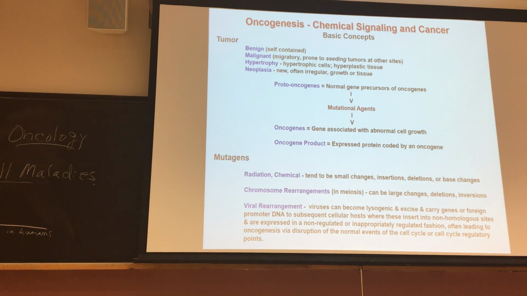And the best example of this would be something like the herpes virus. Herpes viruses are found in well over 20% of the population. In most of us, they're quiescent, okay?